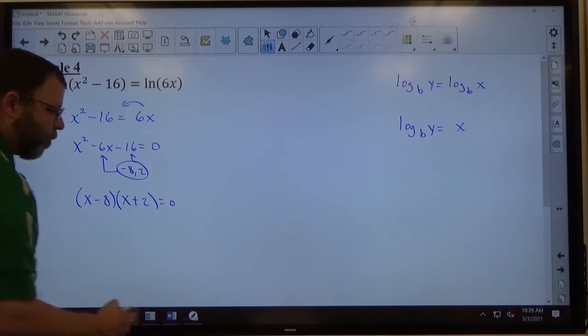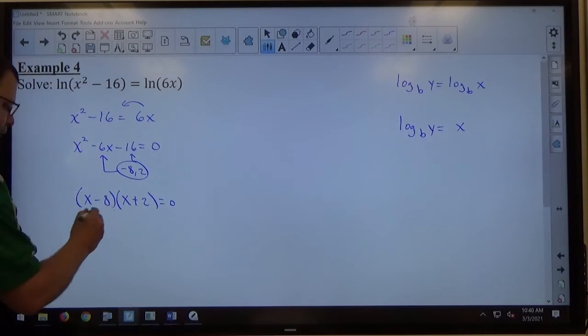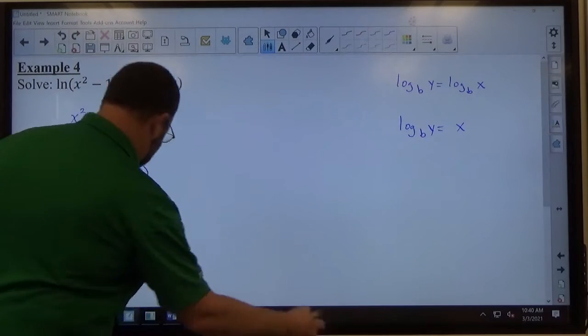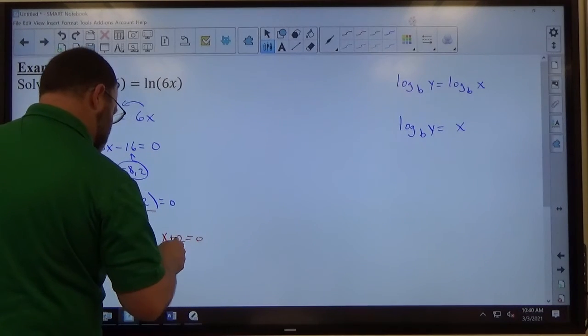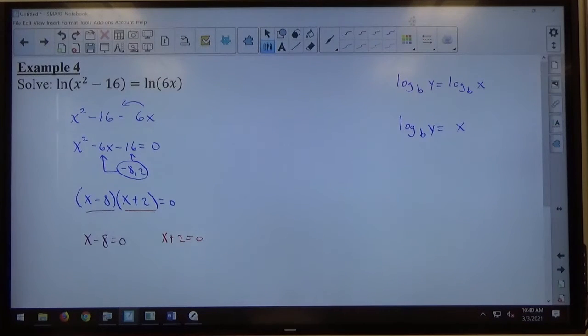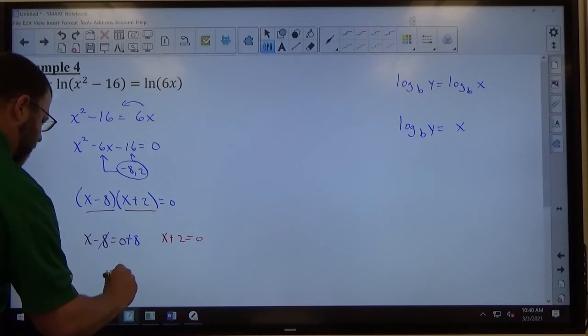The reason we factor a quadratic that's equal to 0 is we can use the zero product property, which states either factor 1, x minus 8, is equal to 0, or factor 2, x plus 2, is equal to 0. And that's going to lead us to answers. So if x minus 8 equals 0, I slide the 8 to the other side, and x equals positive 8.